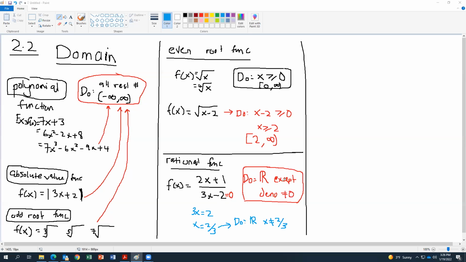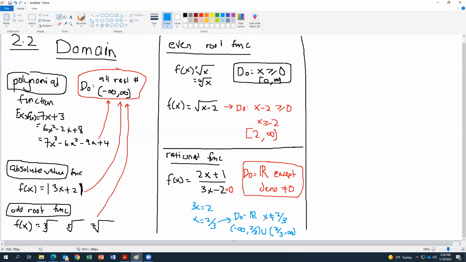And then, in order for you to write this in interval notation, it is from -infinity to 2/3 union 2/3 to infinity. So this is how you write your interval notation. This is what your online homework wants you to write. So if you write in the other form, they won't take it. So what does that mean?